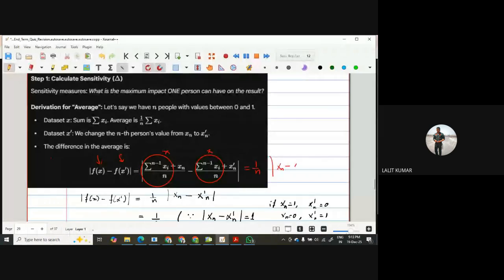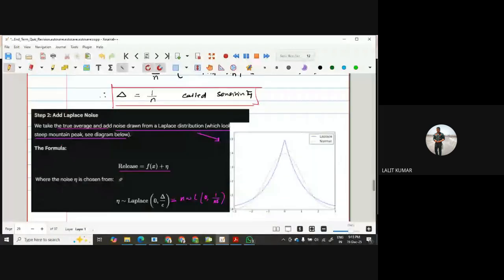Now we know the absolute value of x n minus x prime n can be 1 only. So f(x) minus f(x prime) becomes 1 by n. And this is known as sensitivity. Okay. Now what do we do? We take the average and we add Laplacian noise.